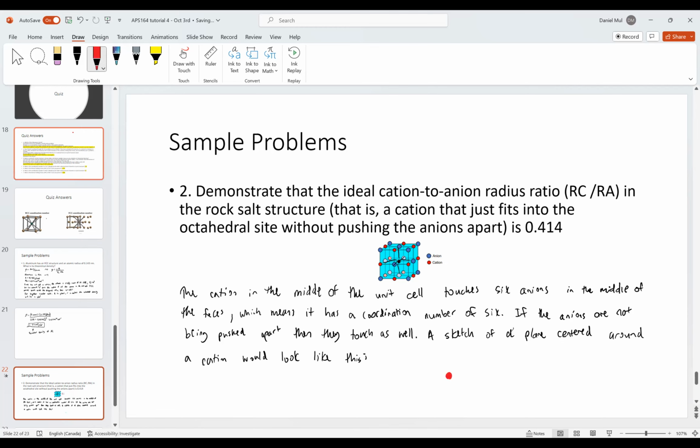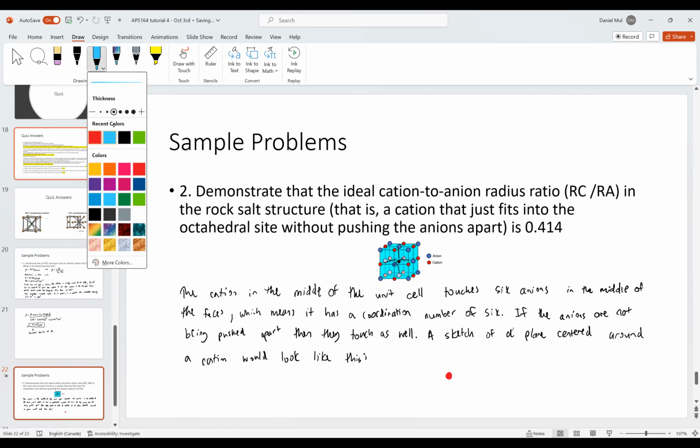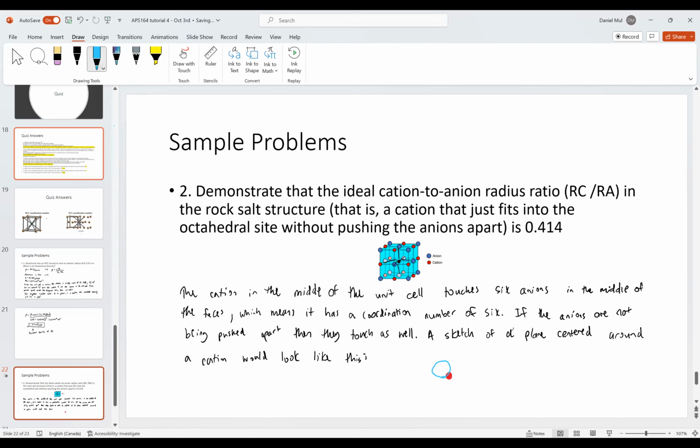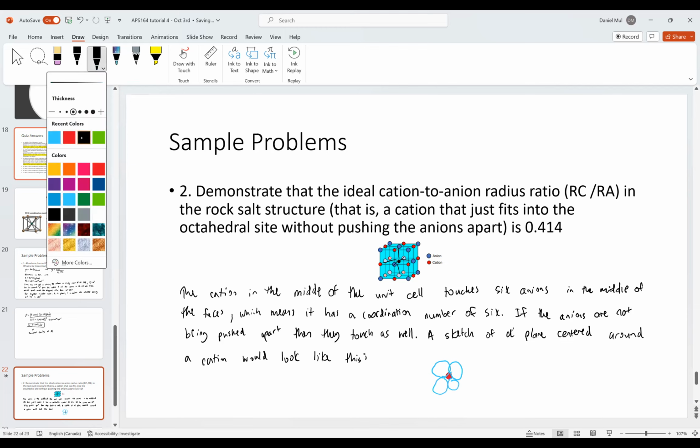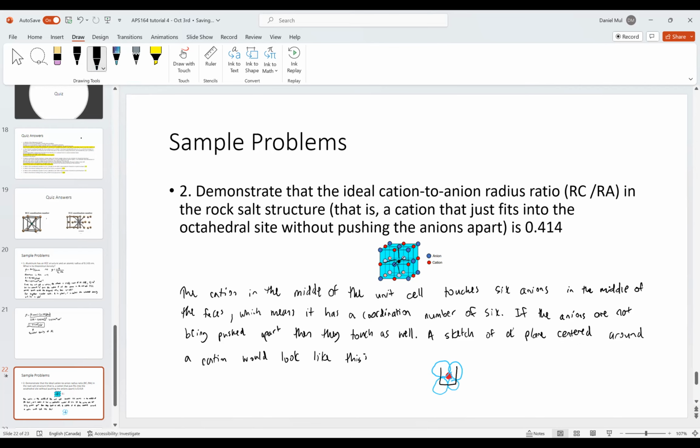This is our cation, and then these would be our anions. If we just drew a square that was perfectly symmetrical, A would be our one side length here.